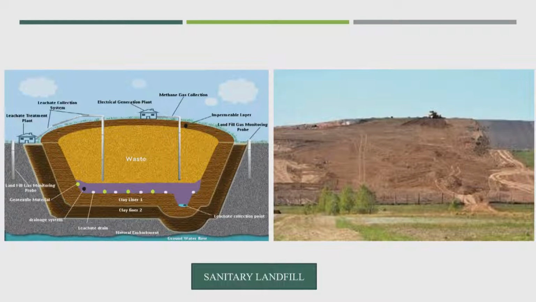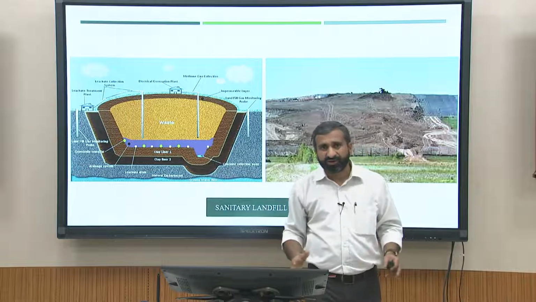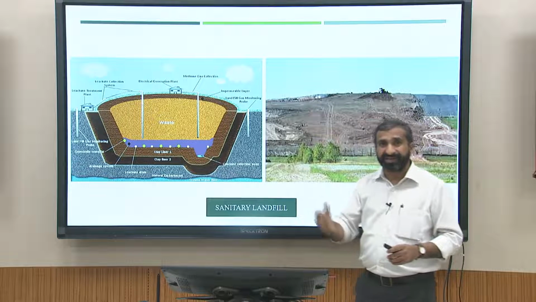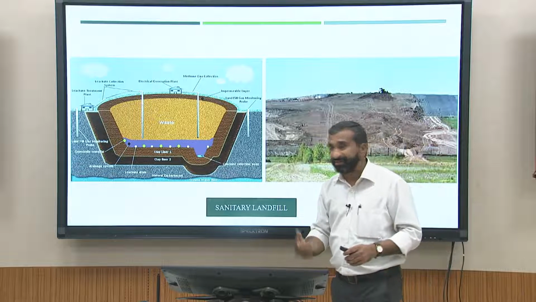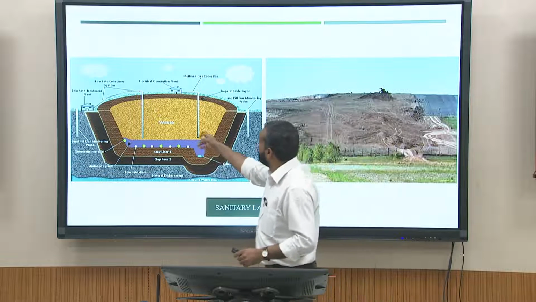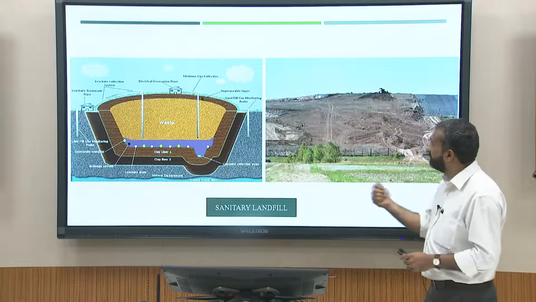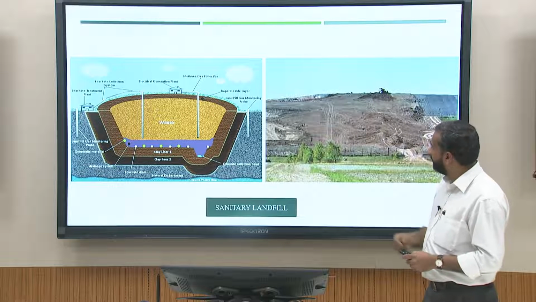That is one good facility. And for the gas being produced, the entire waste is under anaerobic conditions, so obviously the major gases are carbon dioxide and methane. This methane can also be used to produce electricity or power from a sanitary landfill.